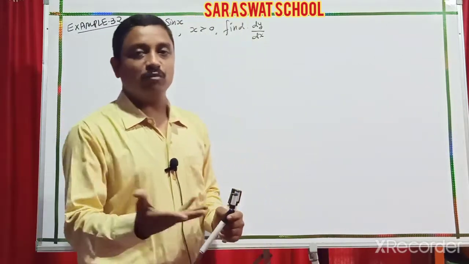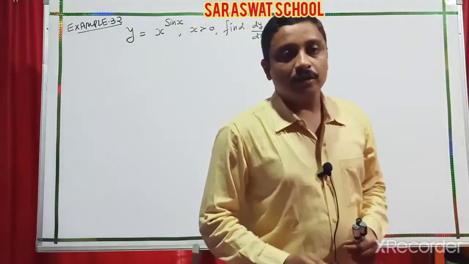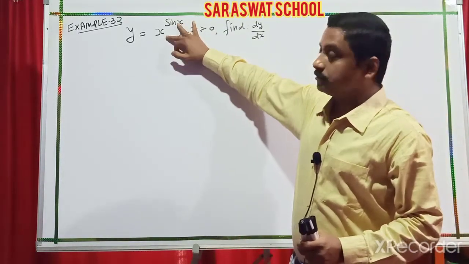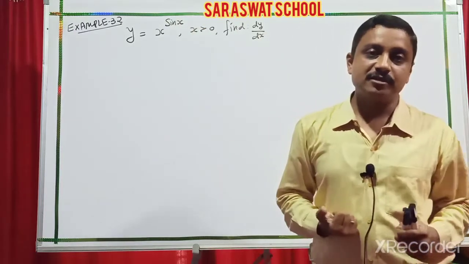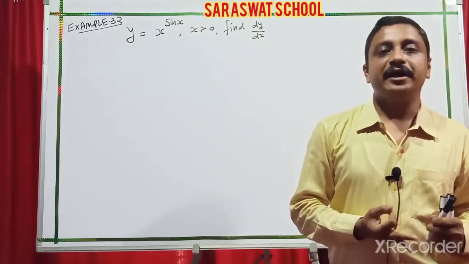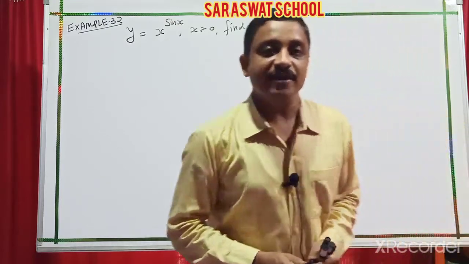Same, students, now I am moving ahead. Next one, our question number 32 example. Here also the base and power, x and sin x, are both variables. So I start by taking logarithm on both sides with base e.